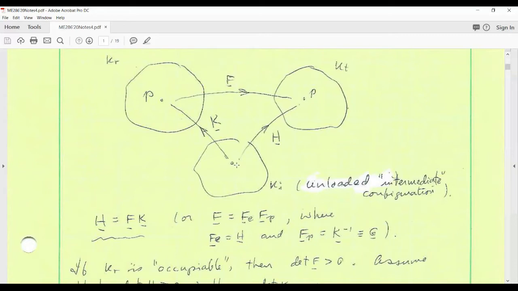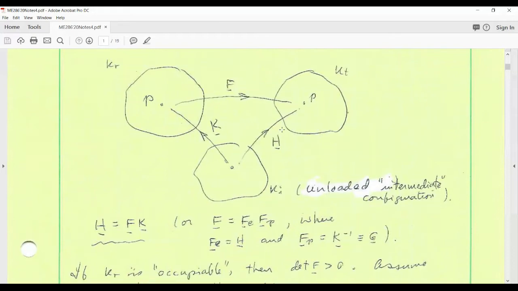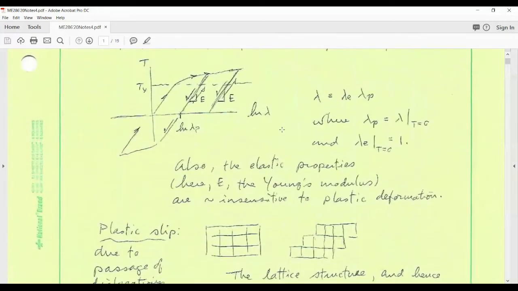And the deformation required to put this intermediate configuration back into the current configuration, we'll call that deformation H. We interpret that as the elastic deformation. In other words, just as in the uniaxial test, the elastic deformation, elastic strain, is that which is required to go from this unloaded state back to the current state.